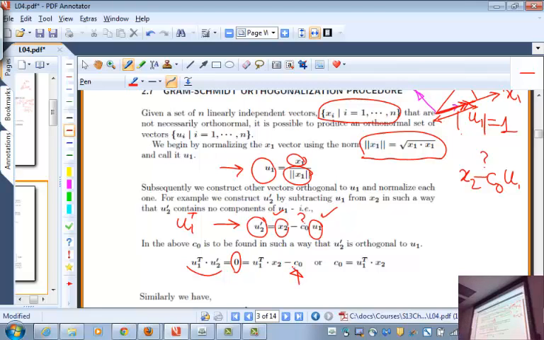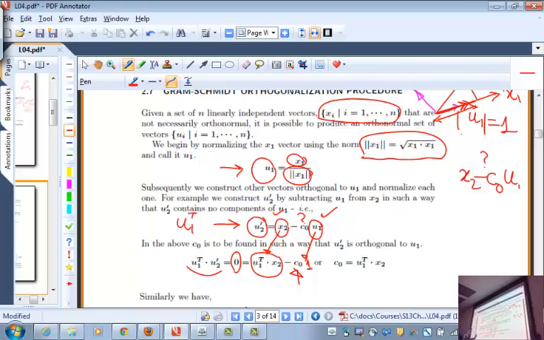I'm making them perpendicular. So I'm setting this equal to 0, and on the right hand side I will have u1 dotted with x2, and then minus c0 u1 dotted with u1, which will be 1, because it is a normalized vector. That's why I essentially have 1.